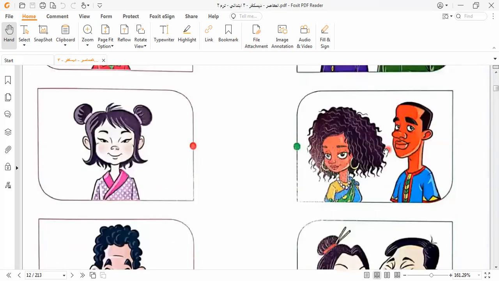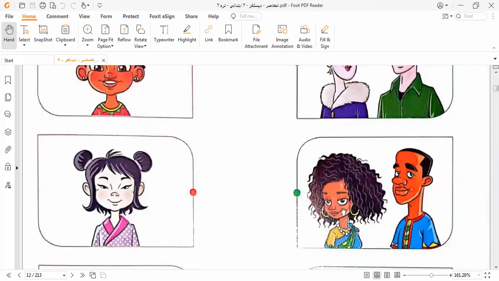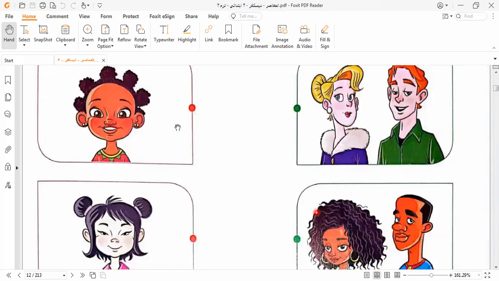Another one. The two Nubians. Both are Nubians from Aswan. So which one is suitable for this picture? This one.